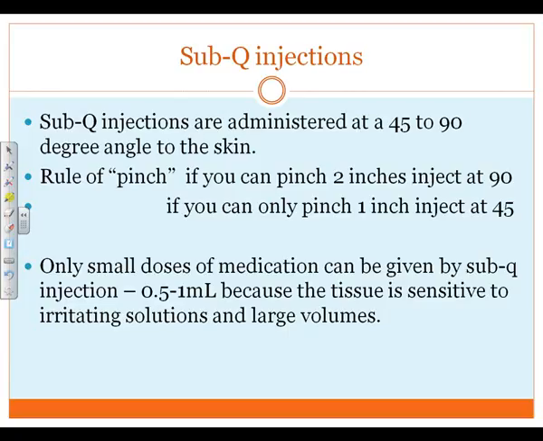If you give it a 90 degree straight in on a skinny arm like my son's, is that why sometimes his sugar's high if we give it, because it went too far? I'm not going to say no, but the purpose is that you want to make sure you're keeping it in sub-Q tissue, that you didn't go past the sub-Q tissue and get it in the intramuscular area.